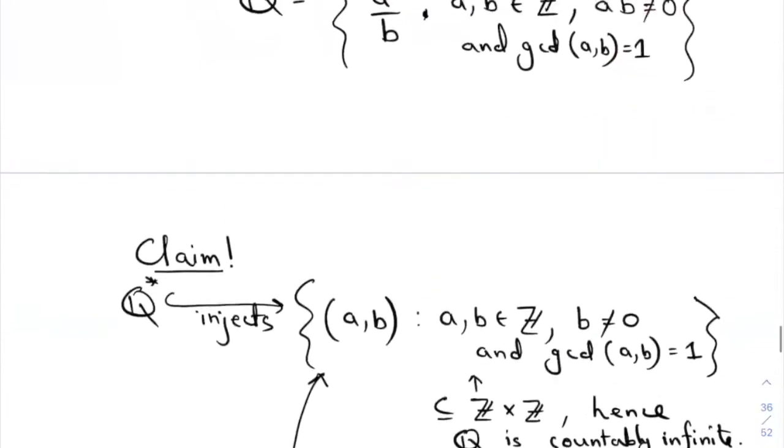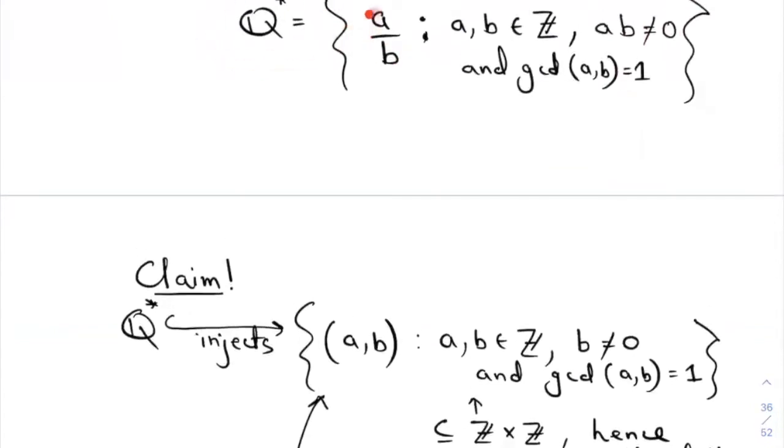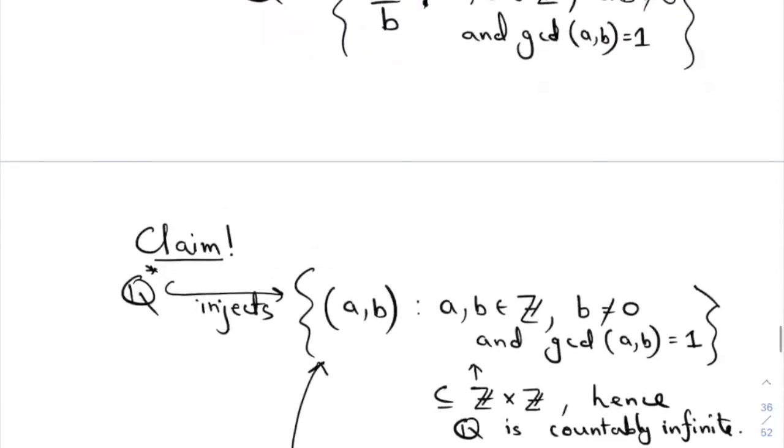So the basic idea is that I'm going to paste this Q star inside some set which I already know from before is countable. So Q star, which consists of these A by B kind of objects, injects into this.